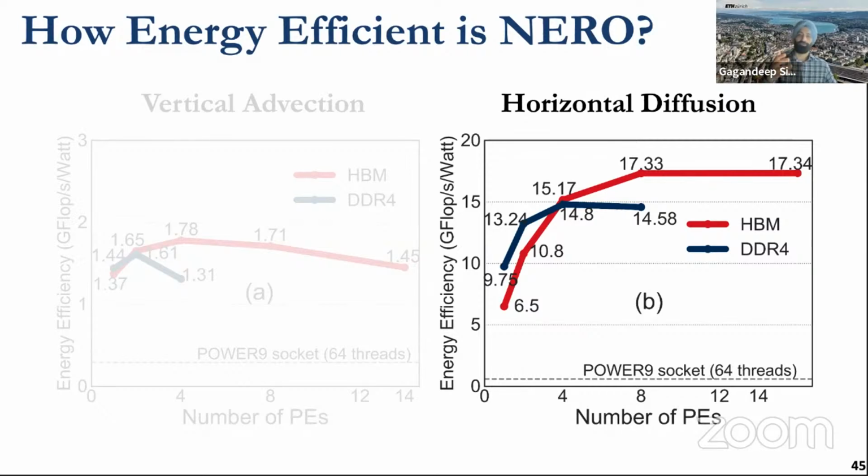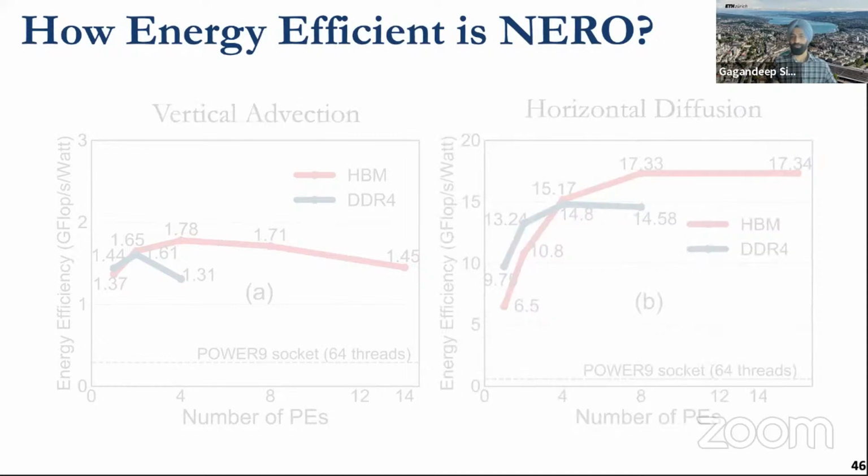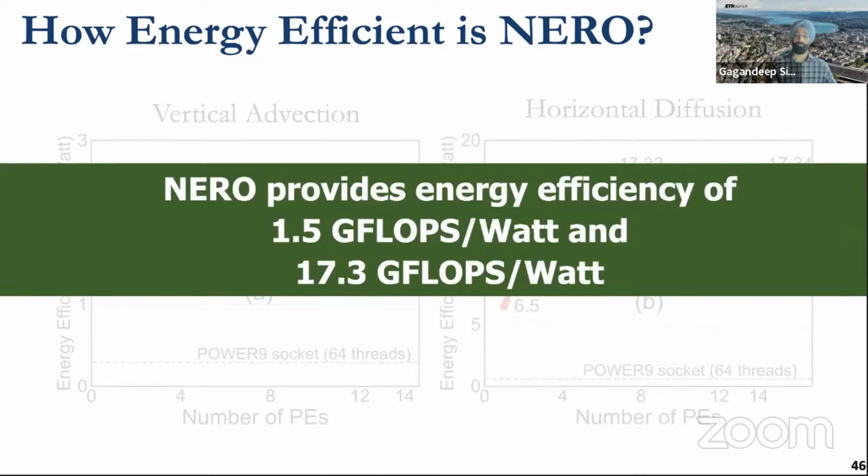So this is one of the kernels which works really well with HBM, even in terms of energy efficiency. In the end, we get really good results compared to a CPU-based system, and we provide a lot of details about this in the paper.